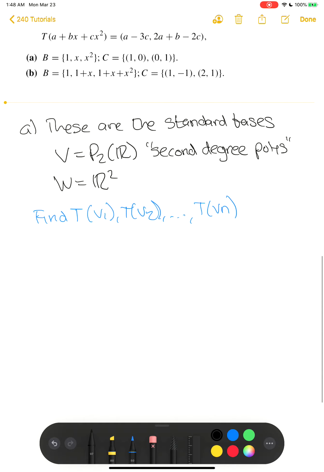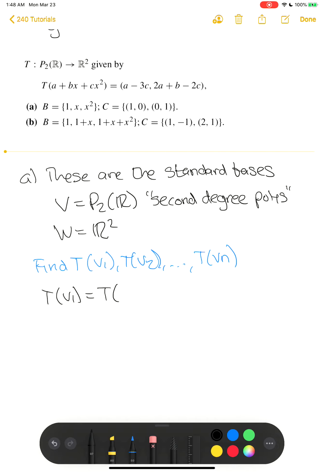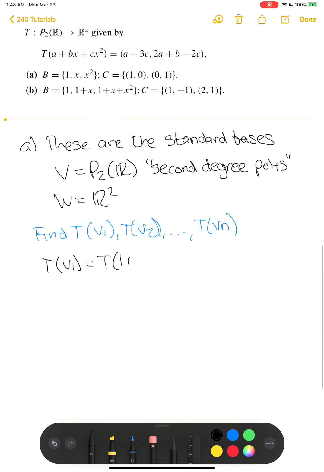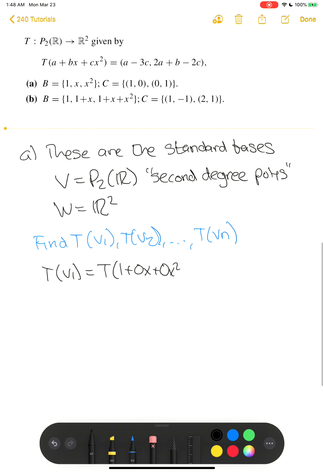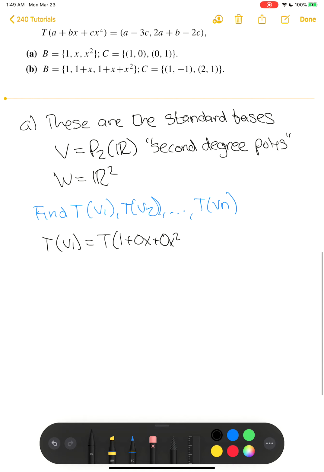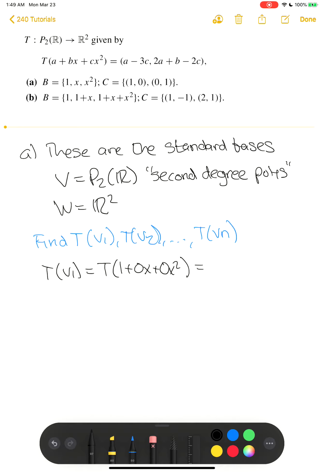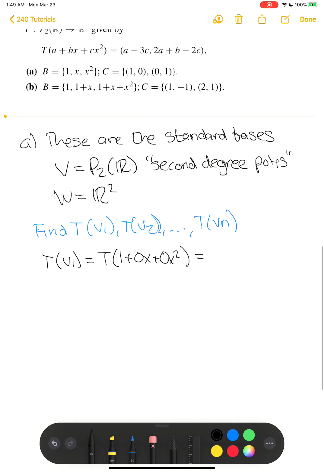So T of v1 is equal to T of my first basis vector of B, which in this case is 1 plus 0x plus 0x squared. I'm just taking what they give me first inside of the curly braces of B, and then I literally plug in 1, 0, and 0 for a, b, and c respectively, and this gives me (1, 2).